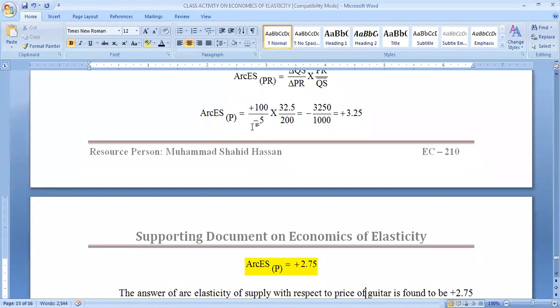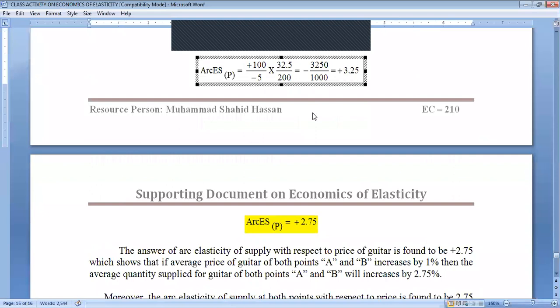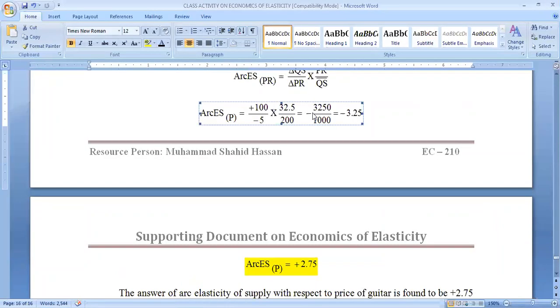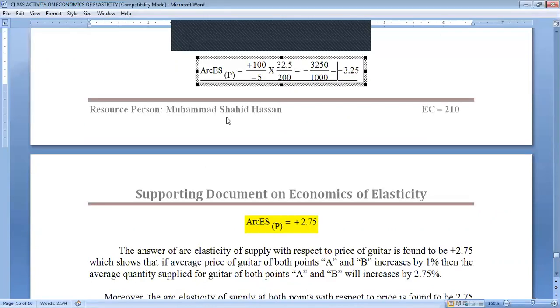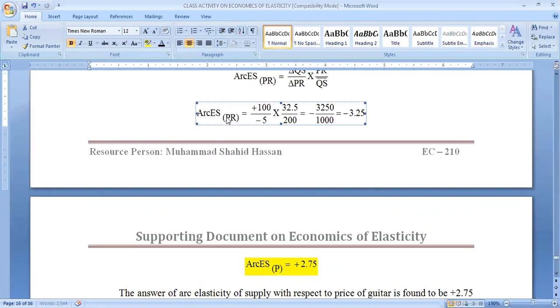So the answer for cross price elasticity of supply, keeping arc elasticity's concept in mind, is negative 3.25, right? So arc elasticity of supply with respect to cross price is found to be negative 3.25.